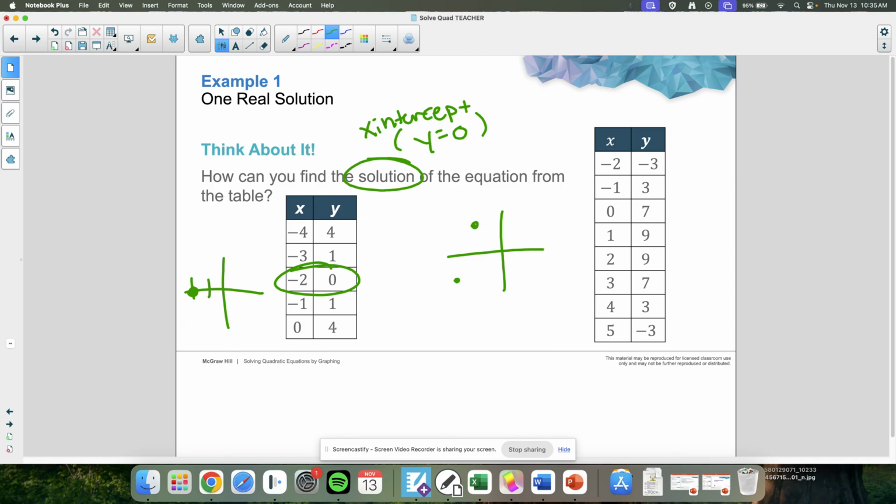Does it have to equal 0 at some point if it's going to go negative to +3? So even though we don't know exactly what it is, it's somewhere between x equaling -2 and -1. Because again, if you're going to go negative to positive, it has to go through 0.